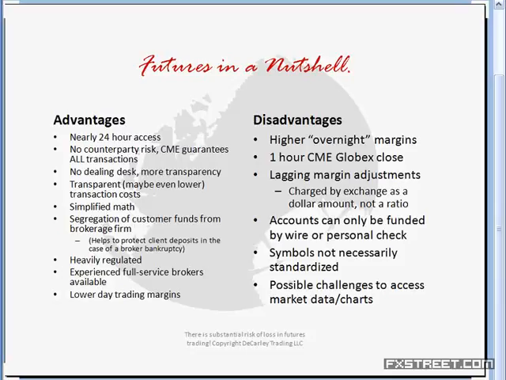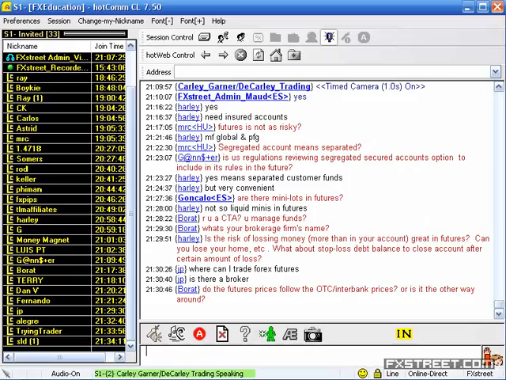Because it's not a centralized exchange, there are many different markets, and the data is a lot easier to come by. In the futures markets, the data is owned by the exchanges, and the exchanges don't necessarily give it out for free. So there are some challenges to access market data and live charts in futures that you wouldn't get in Forex. Depending on your brokerage firm, this may or may not add to the cost of your trade.